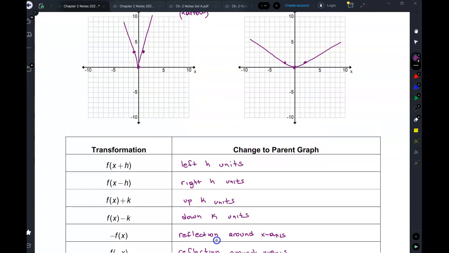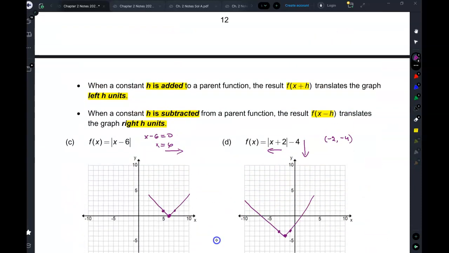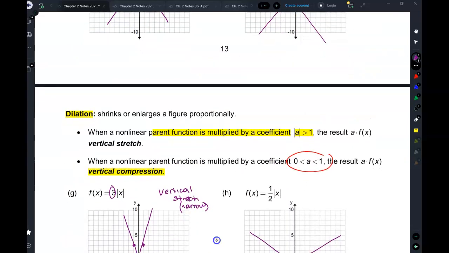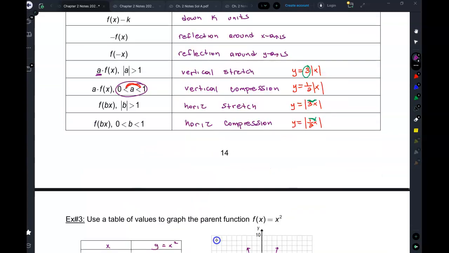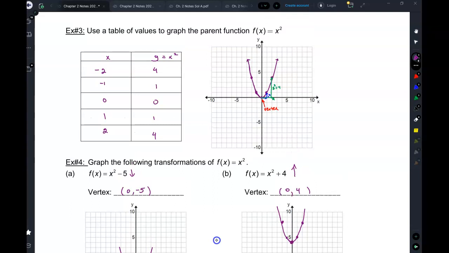What about the absolute value functions? Anyone not have all real numbers for domain? No. So parabolas or absolute value functions all have a domain of all real numbers. Range, however, will switch. So let's talk about range here. What's the range for this one? Greater than or equal to 0.